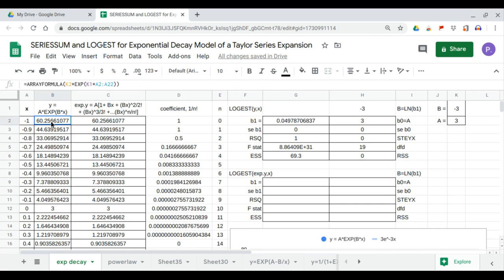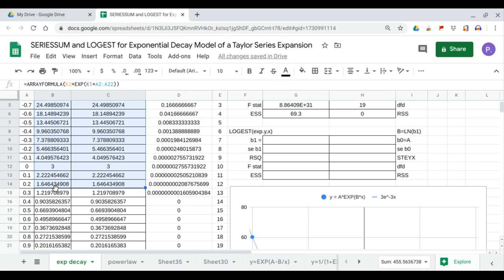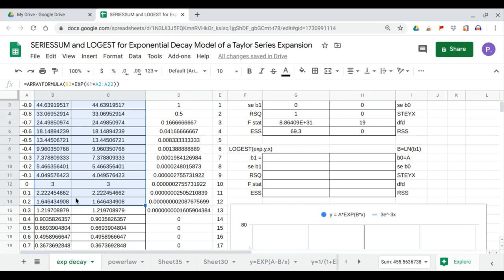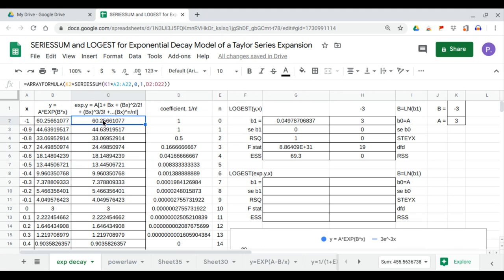You will notice our dataset for the expansion is the same as the dataset of the function. We can regress that against the function.